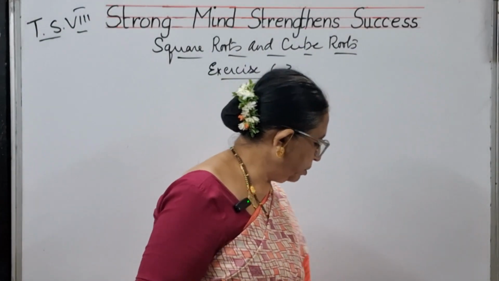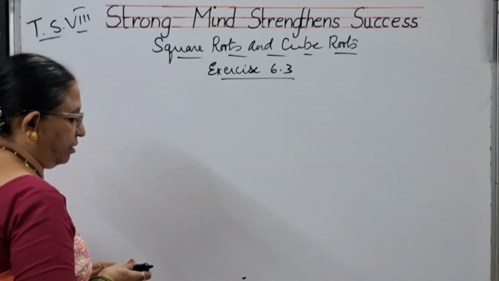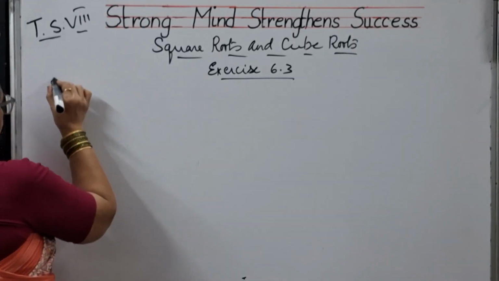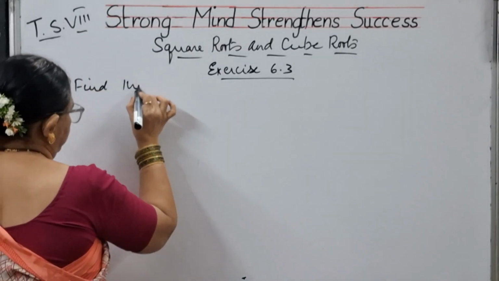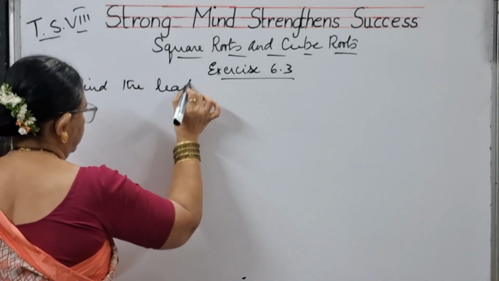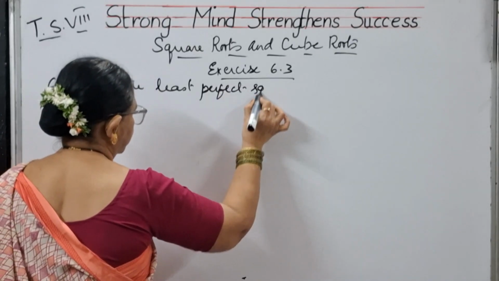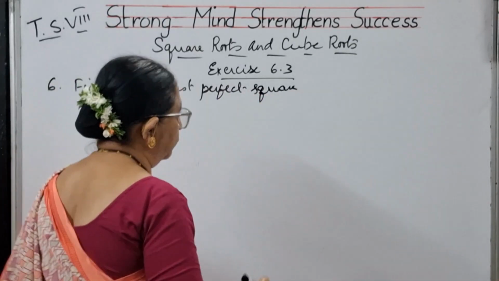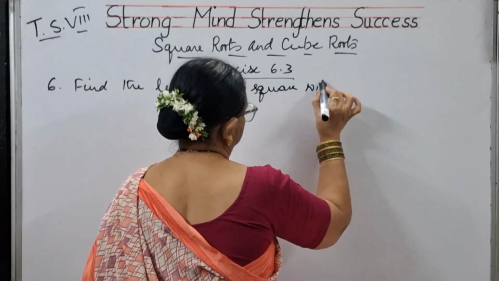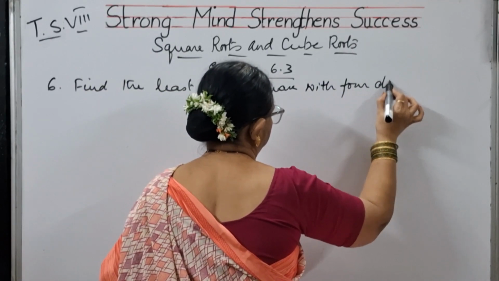Now 6th problem. Find the least perfect square with 4 digits.